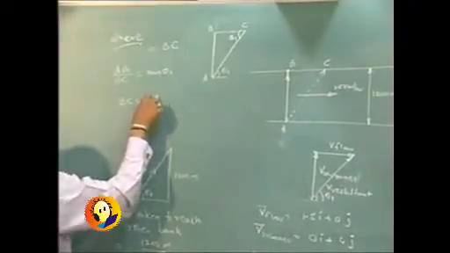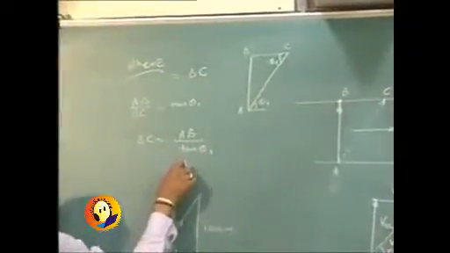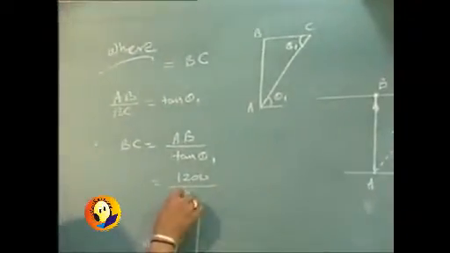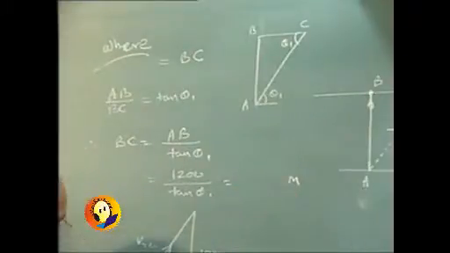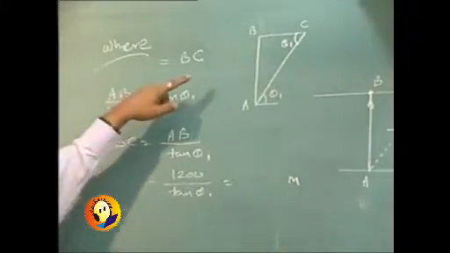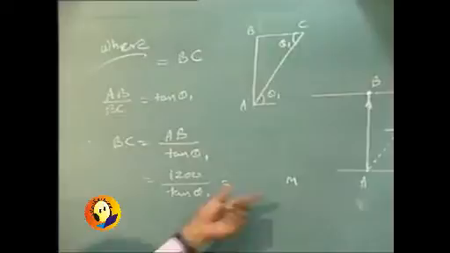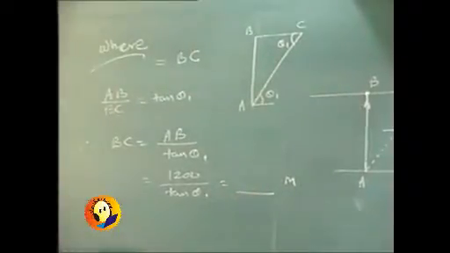Therefore BC will be equal to AB upon tan theta 1, and AB is 1200, divided by tan theta 1, you will get these many meters as the distance. So he will not be reaching exactly point B, he will be reaching point C, and that point C is so many meters away from the actual destination.